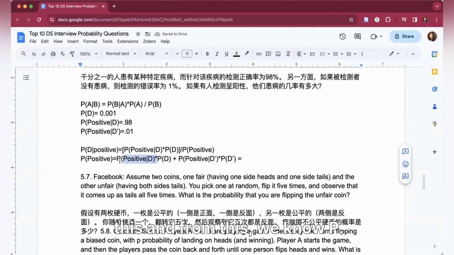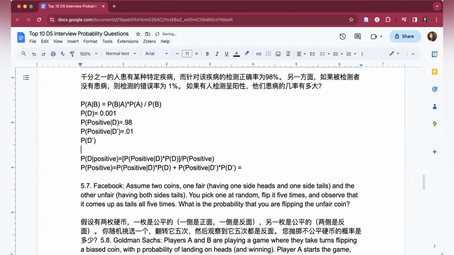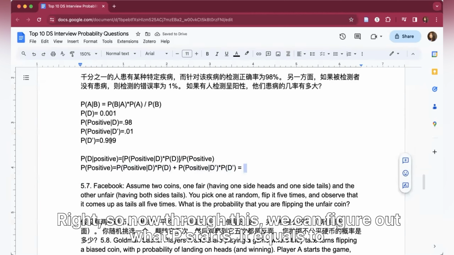We already have this, this, and this, and from this we know P(not D) is equal to 0.999. So now we can figure out P(positive).